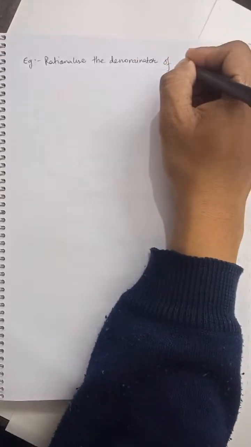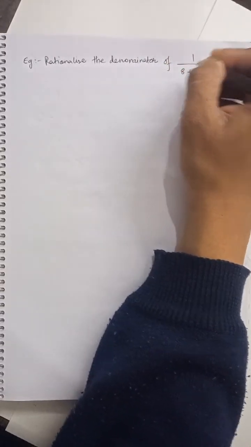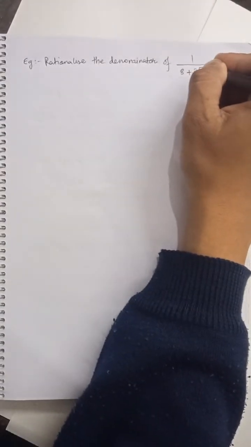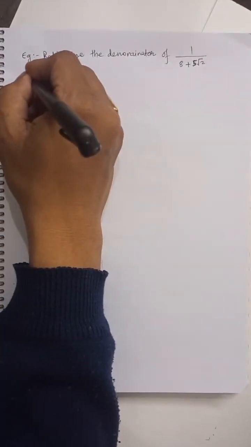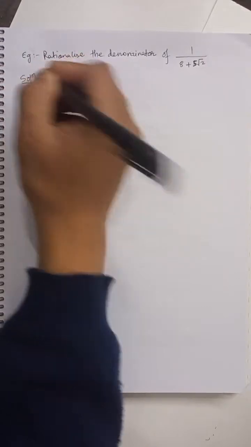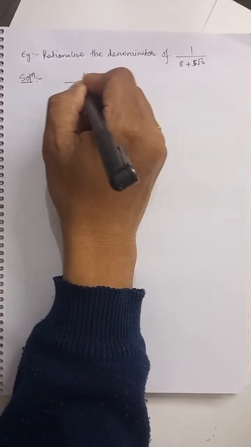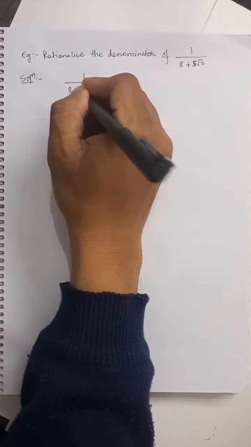Rationalize the denominator of 1 by 8 plus 5 root over 2, or you may say 2 under root, whatever. So we'll write 1 by 8 plus 5 root over 2.